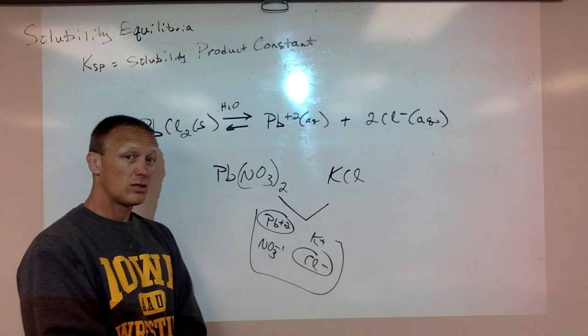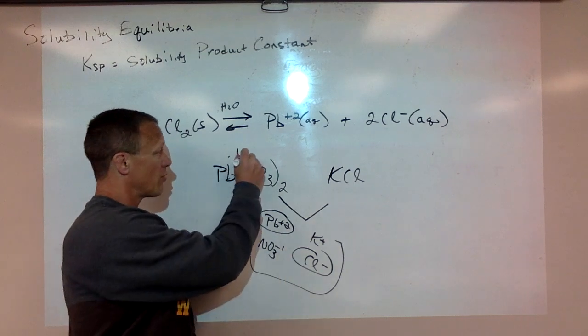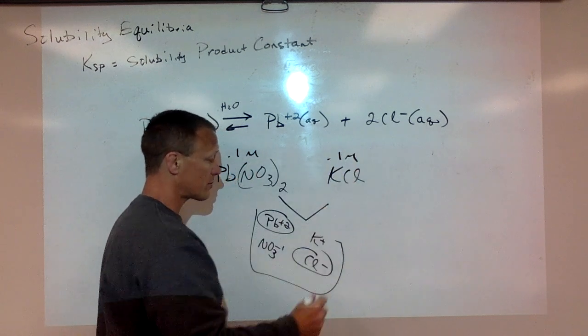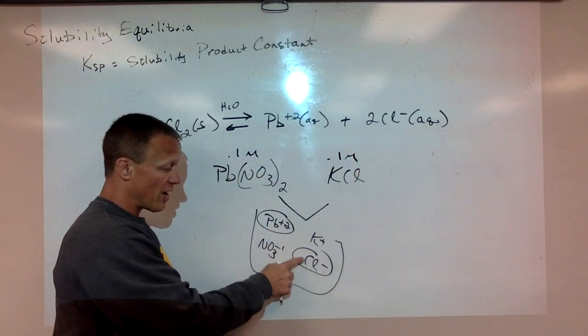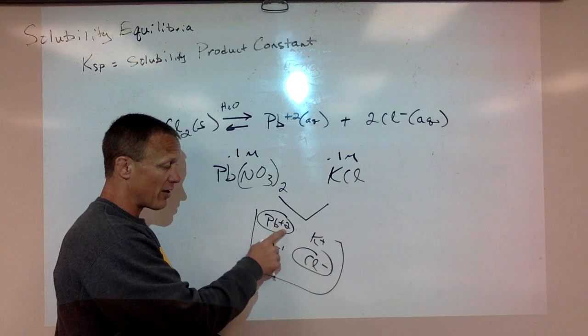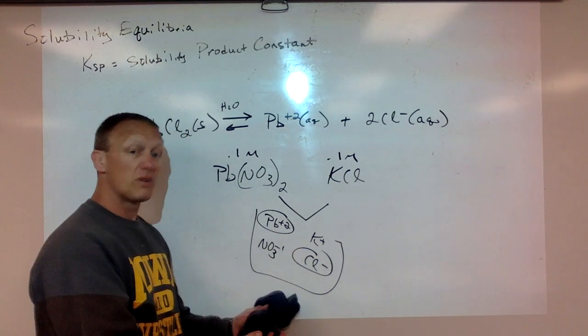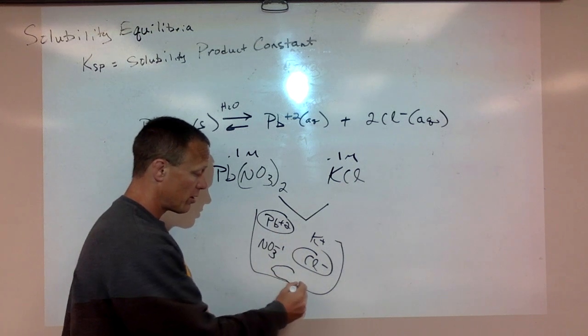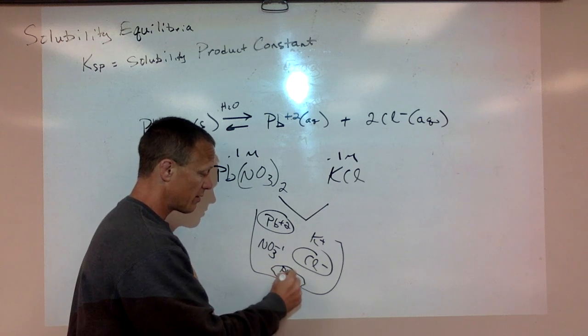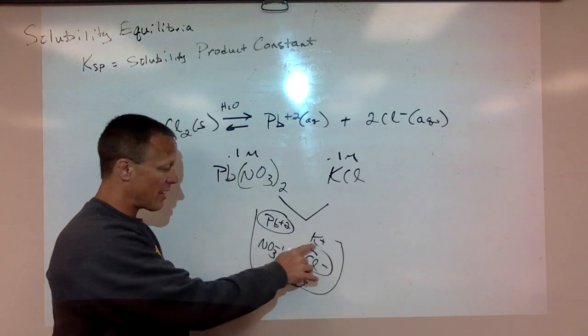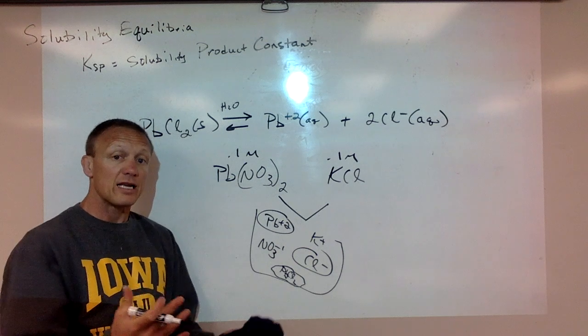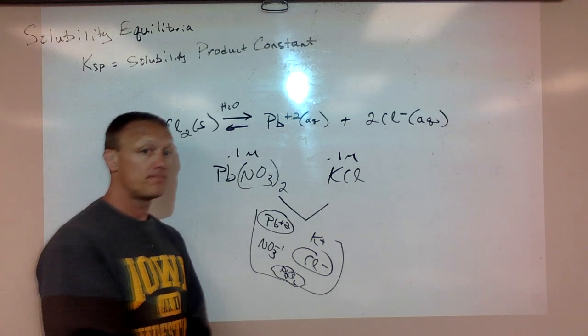If this was 0.1 molar and this is 0.1 molar, we're going to have enough of these to be bigger than the KSP value. So some will dissolve, but a majority of them are going to form some solid lead chloride on the bottom. Again, potassium and nitrate would be spectator ions and would stay dissolved in the solution.